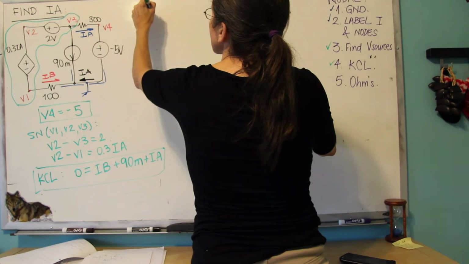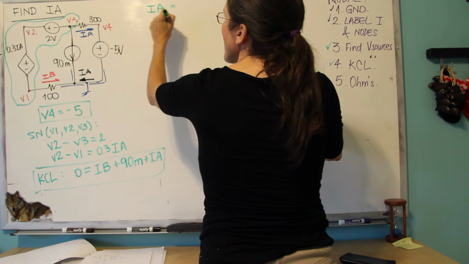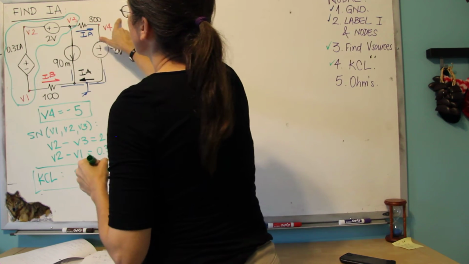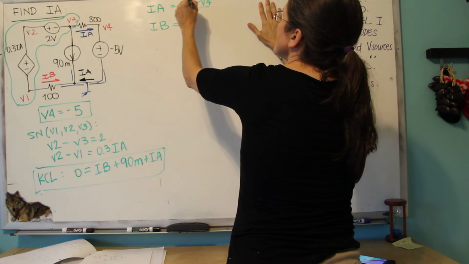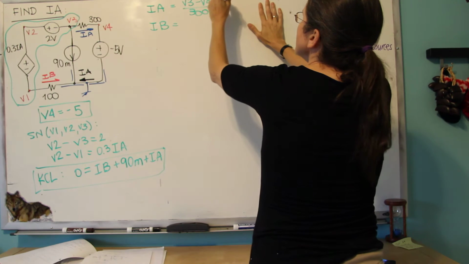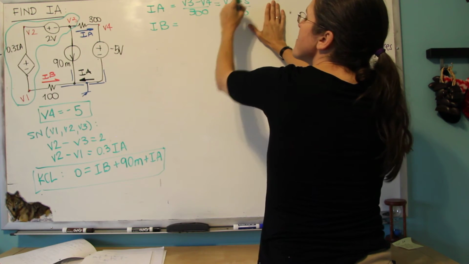Find these sources, simplify KCL, and now all that's left to do is to write Ohm's law. So we're going to write Ohm's law for IA and for IB. IA is V3 minus V4 divided by 300. Now V4 I know is minus 5, so it's going to be V3 plus 5 divided by 300.